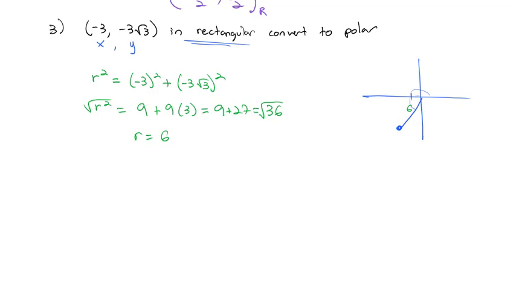So I've got a radius of 6. Then to find the angle, I would use the tangent relationship. The tangent of theta is equal to negative y over x, so negative 3 root 3 over negative 3, which reduces to positive square root of 3. Well, tangent is y over x.